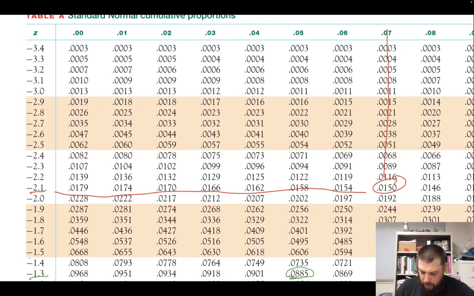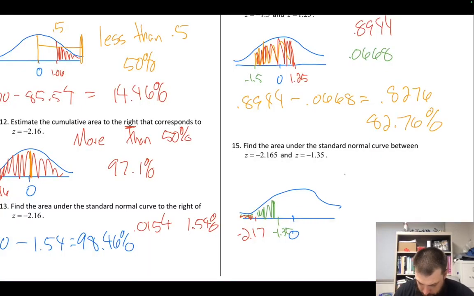So 0.0885. So we'll take both of those back. So our green 0.0885, and we're going to subtract. And we end up with 0.0735, or 7.35%.